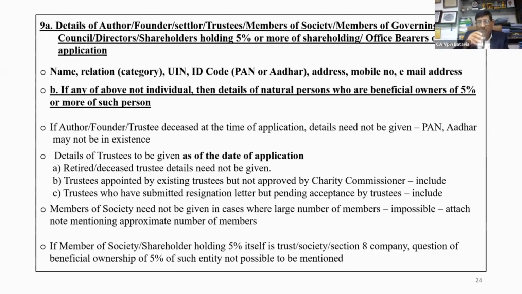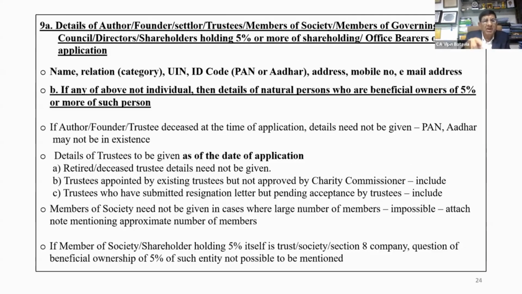Now, details of authors, founders. You are all aware that in audit report 10B and 10BB, we are supposed to give all these details. So almost every CA or every trust has those details ready.